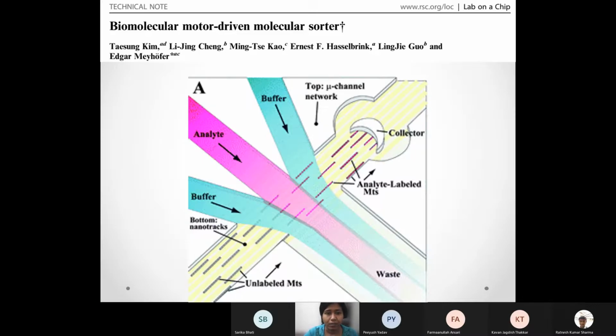But at least right now, it's in a developmental stage to see what are the things that could be done out of it. Now, this is another example that I have picked out to give you a glimpse of what we could do out of these biological motors. So, one of the challenges of working with biological systems or with very tiny microscopic systems is that you would sometimes require ways to purify as well as to concentrate them.